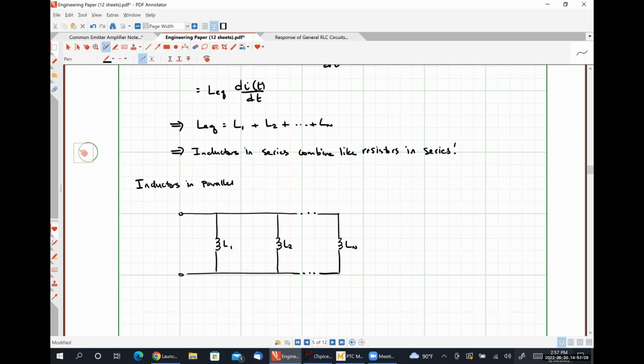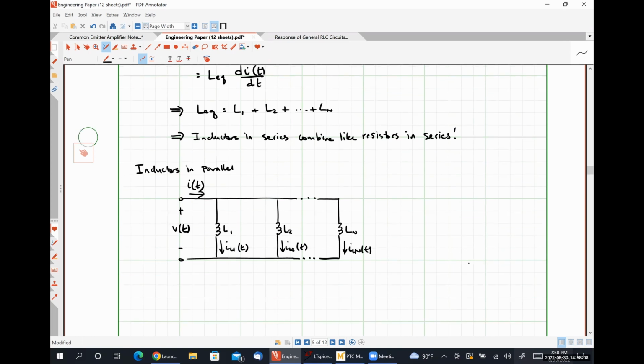We have some total amount of current, I of t, flowing into this network containing all of our parallel inductors. Since all of these inductors are in parallel, they have the same voltage drop across them, and our total current I of t is going to split and flow through individual inductors so that we'll have IL1 of t, IL2 of t, all the way out to ILN of t, like so.